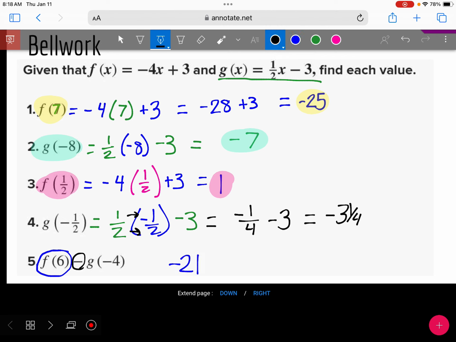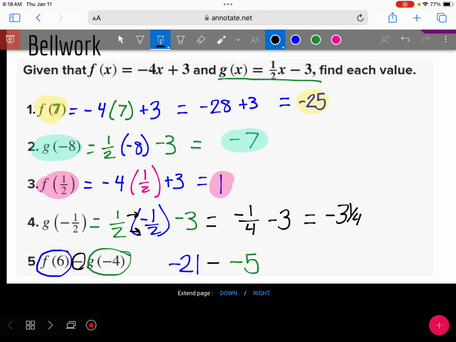Now there's this minus in between. And we're going to do g of negative 4. 1/2 times negative 4 is negative 2. Negative 2 minus 3 is negative 5. So we've done all the operations. I just did them out loud instead of writing them down because I don't have enough space.